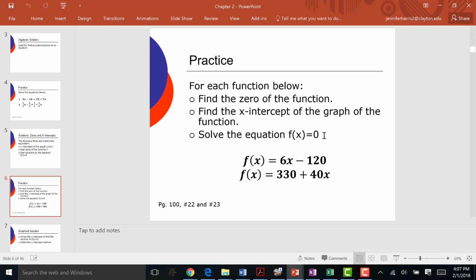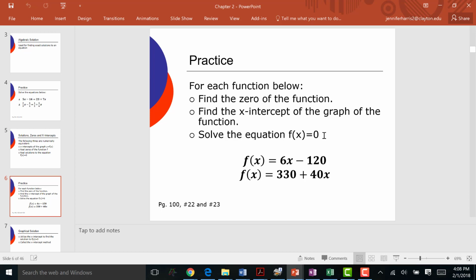Okay? All right, well, let's work on this next one. Here's the next one. I've got f of x is equal to 330 plus 40x. What am I supposed to do if I want to find the solution, the x-intercept, and the zero? Set it equal to zero. Okay. Set the equation equal to zero. And solve and get what? Get x by itself.